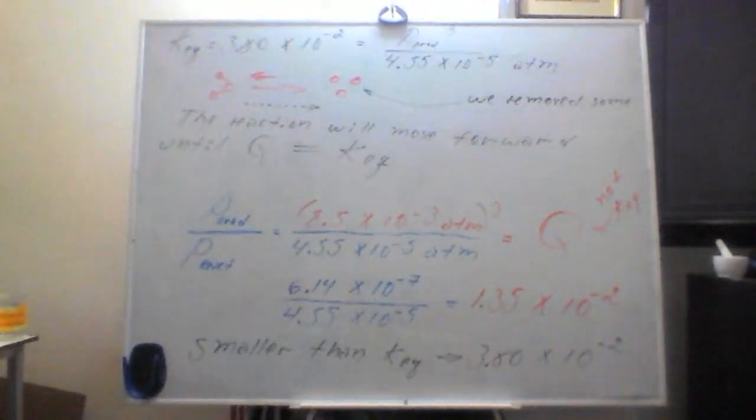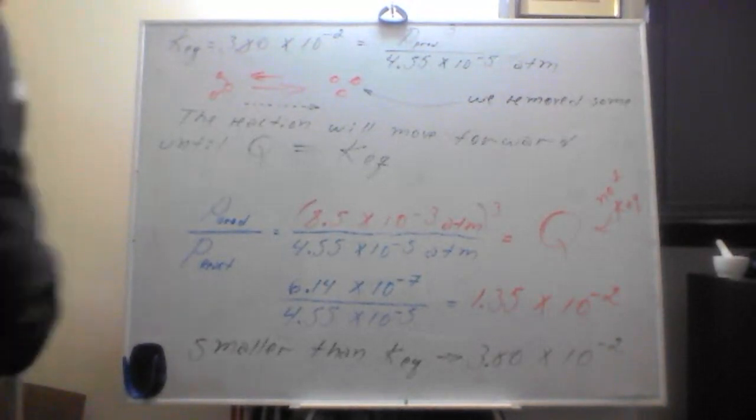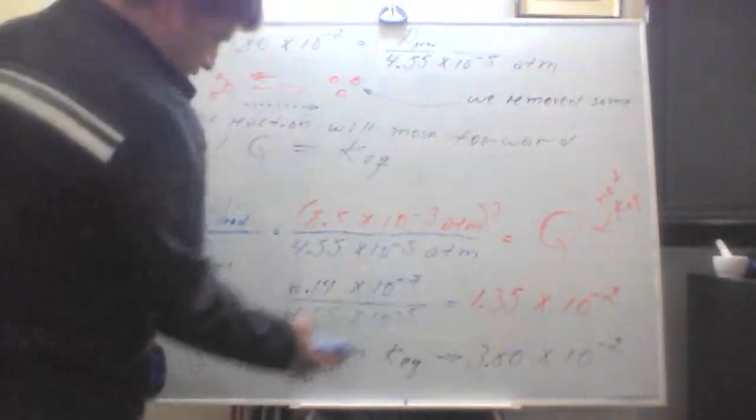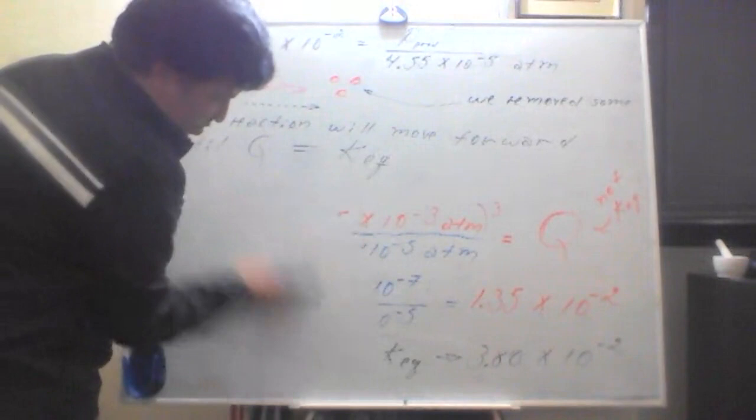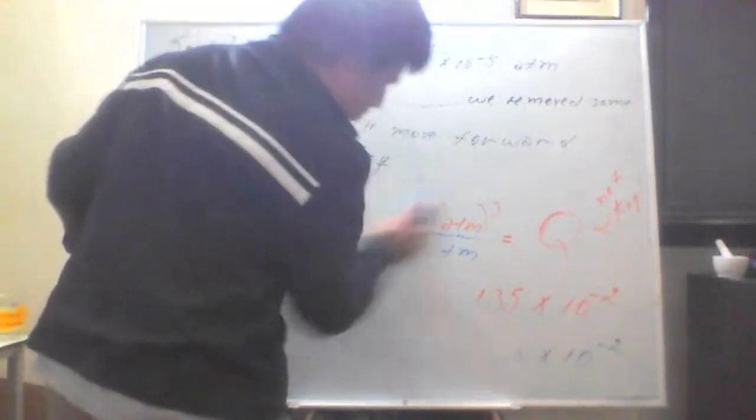So depending on what the number is, if the number is larger, then it will move to decrease it. If the number got smaller than the equilibrium constant, then the system will move to make it larger. Okay, so let's put this in simple terms here, just a tiny picture.